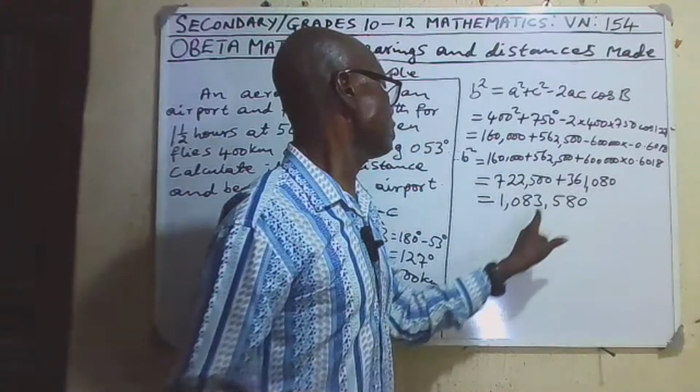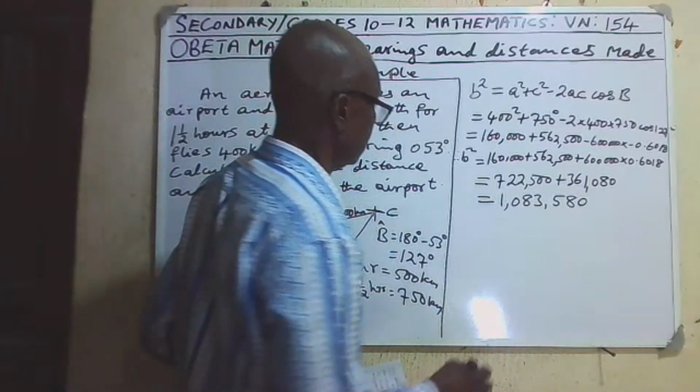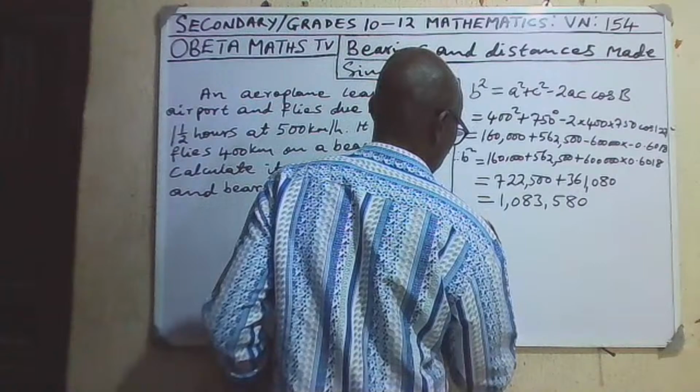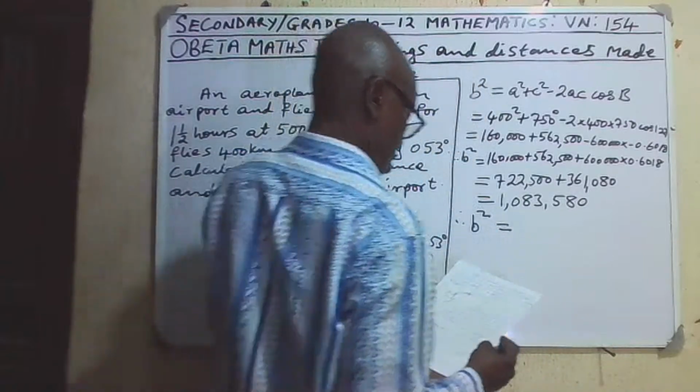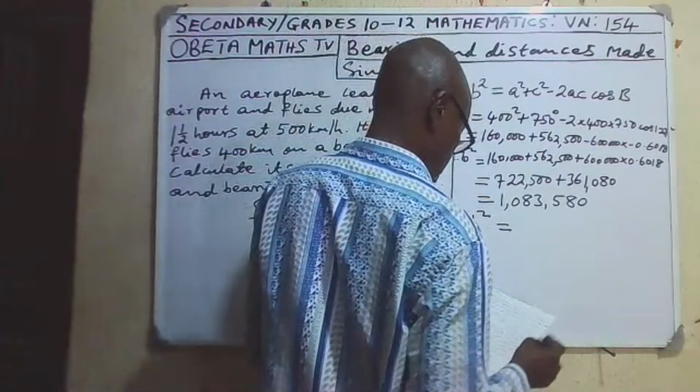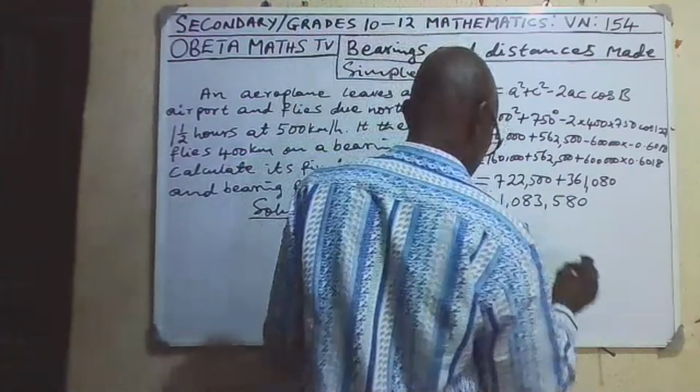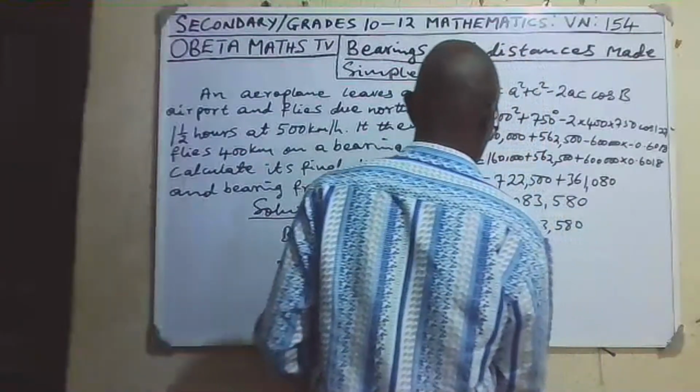So by the time you add the two, we now have this. And that means that b squared is now 1,083,580.